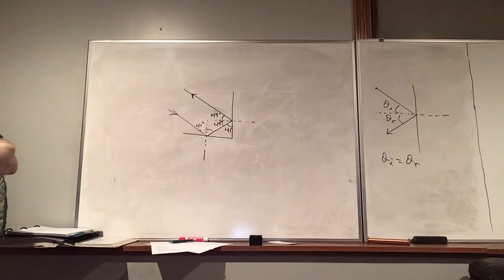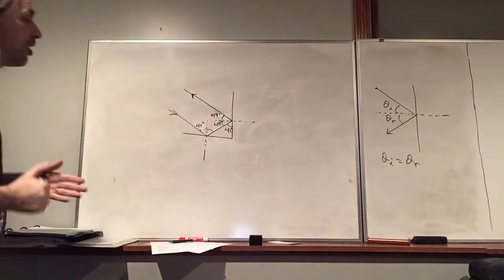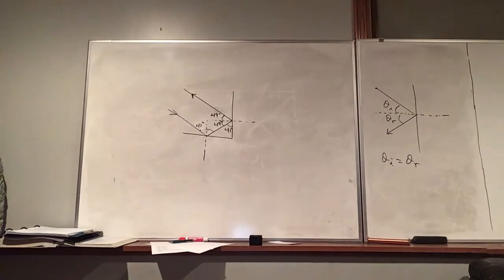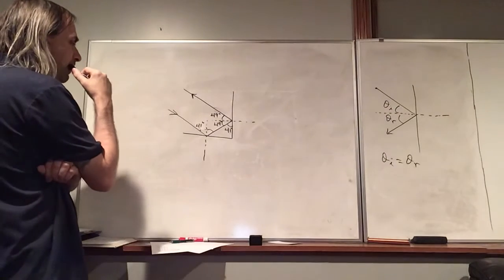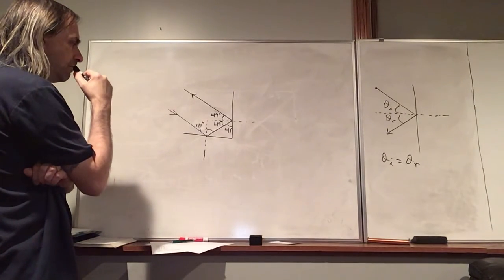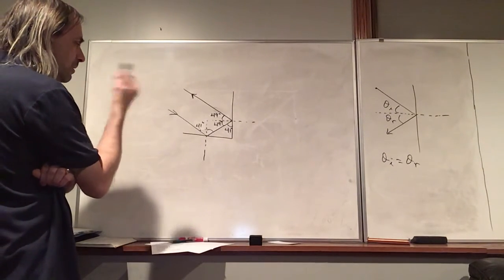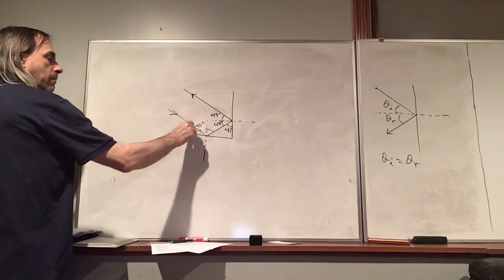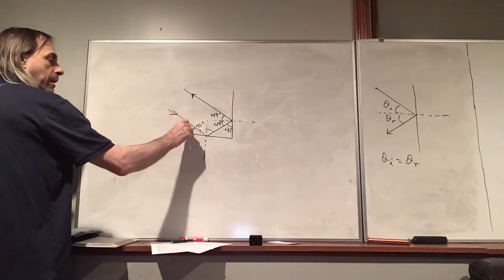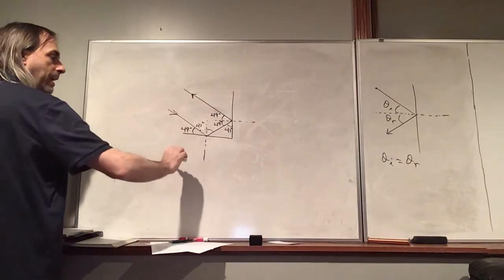Now, the thing is, these two lines are parallel to each other. So let's see how we can show that. I guess that's kind of obvious. This has to be 49 degrees because we have a right angle.